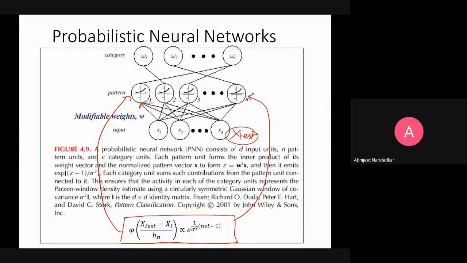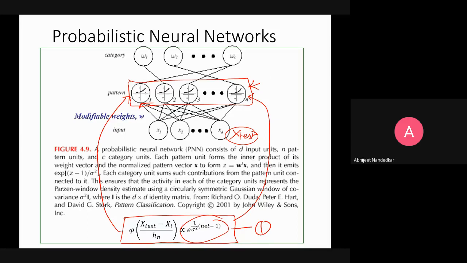They are compared such that whether the pattern is falling in the box or not, because we are implementing the Parzen window. These are all representations of different windows. Now the activation function residing here is this equation, e to the power 1 over sigma square into net minus 1. Why this is coming, we will see.